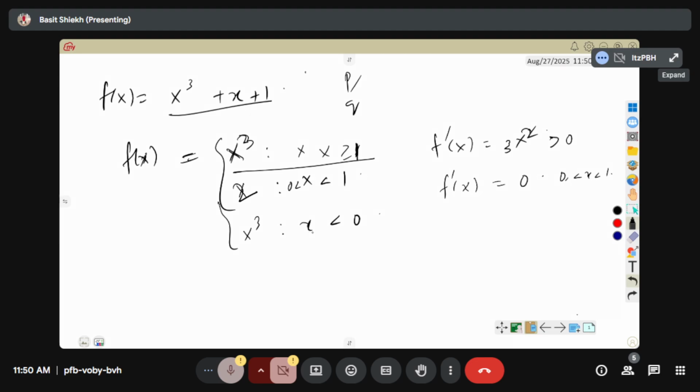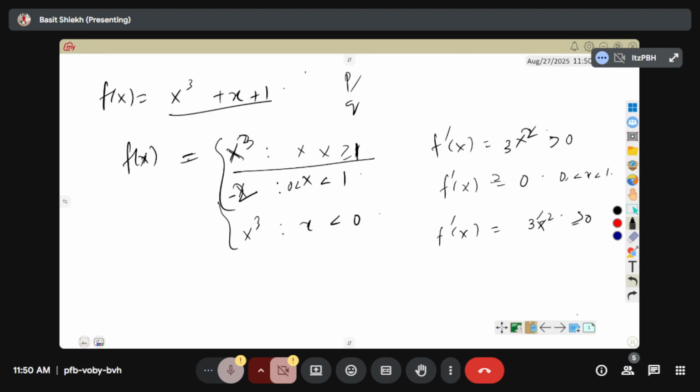And this one, f dash x equals 3x square, which is also greater than or equal to 0.